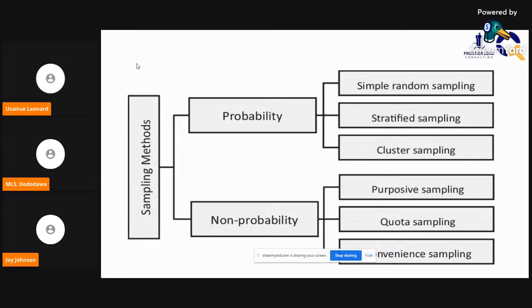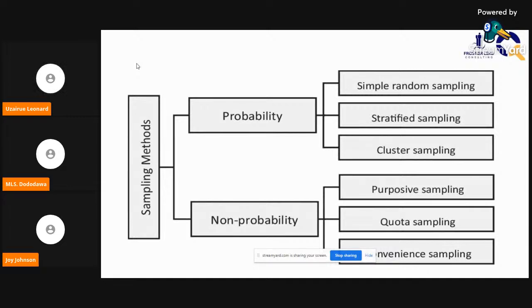So we want you guys to look up what a type 1 error is, what a type 2 error is, and what qualitative and quantitative research are.